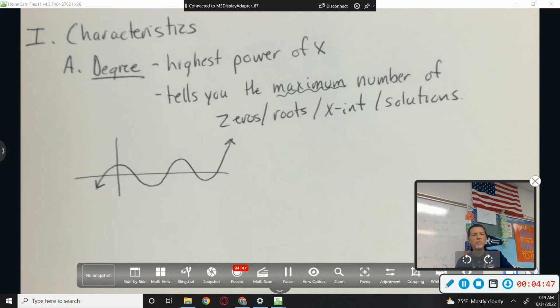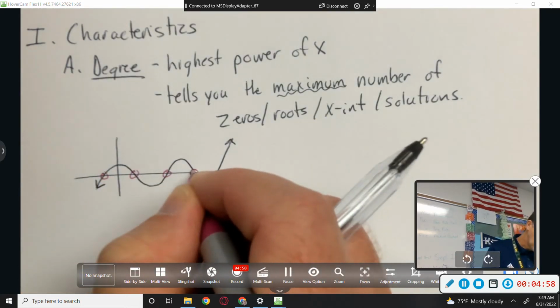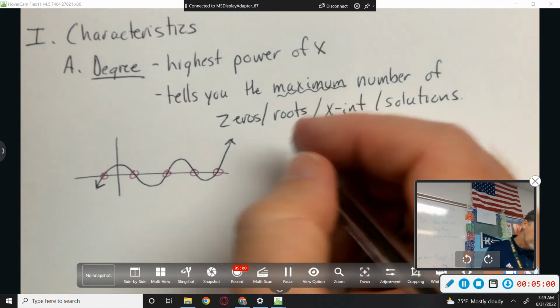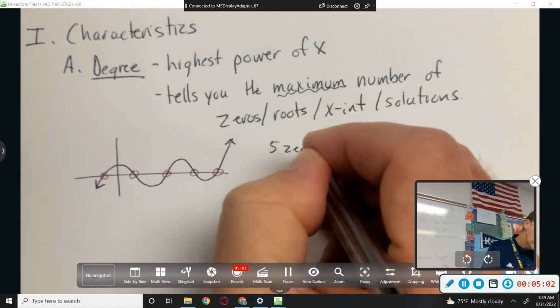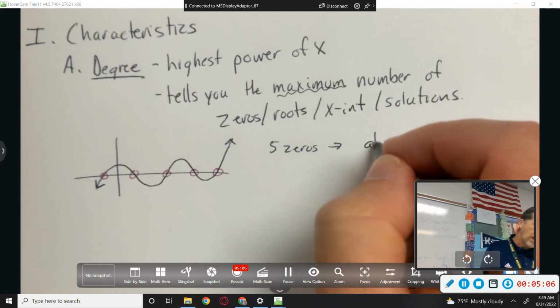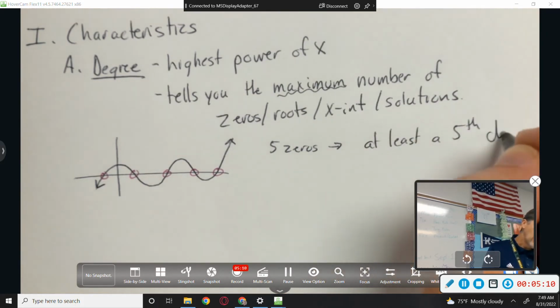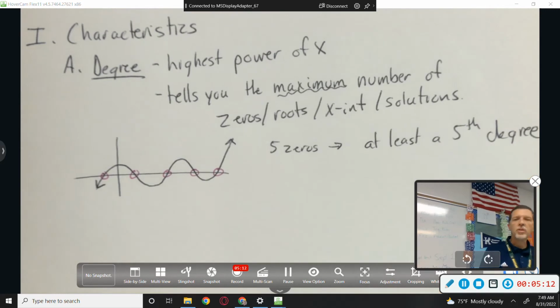So if you draw something like that, slowly, carefully, so you get the same number of zeros I've got. 1, 2, 3, 4, 5. 5 zeros means this is at least a 5th degree polynomial.